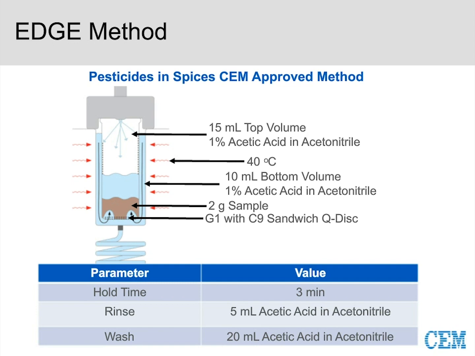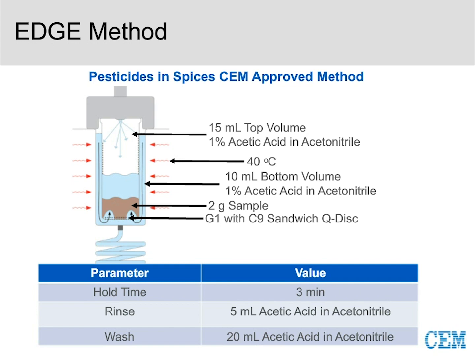We're then going to do a 5 ml rinse in this case. Again, that's that clean solvent that just comes through to ensure good recoveries and get every last little bit out. So in total, that's a 30 milliliter extraction that we're doing, and then we're going to wash with an additional 20 milliliters to ensure that there is no carryover.